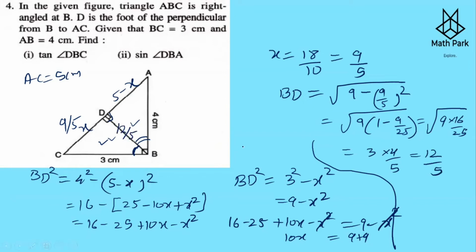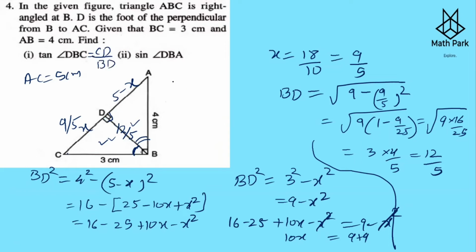Now we'll be finding tan DBC and sine DBA. So when we are finding tan DBC, you need opposite upon adjacent. The value of x we have already calculated as 9 by 5. So tan DBC is going to be CD upon BD.